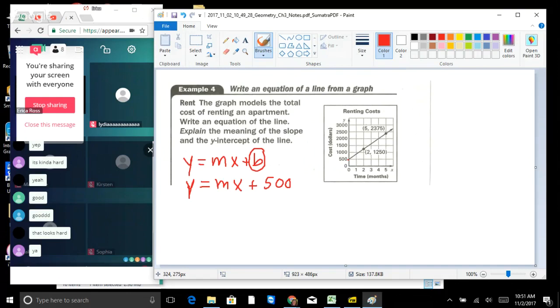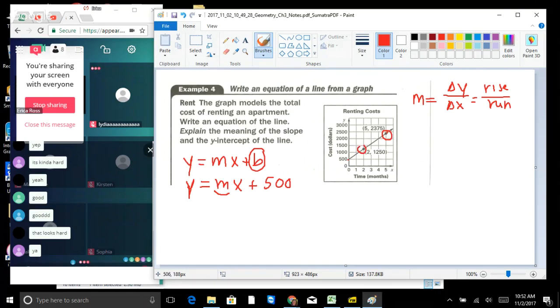All right, we need to figure out what the slope of this graph is. Let's do a little side note. Don't forget slope, which we did on Monday, is our change in y over our change in x. It's our rise over our run, right? We have a number here and a number here.